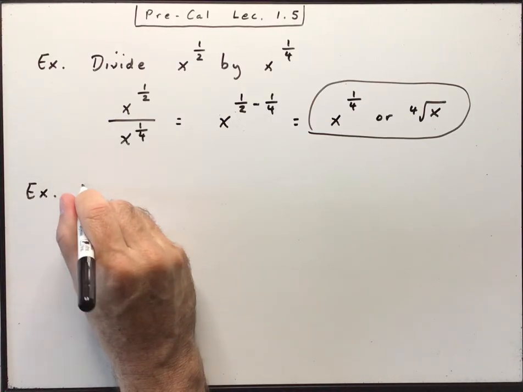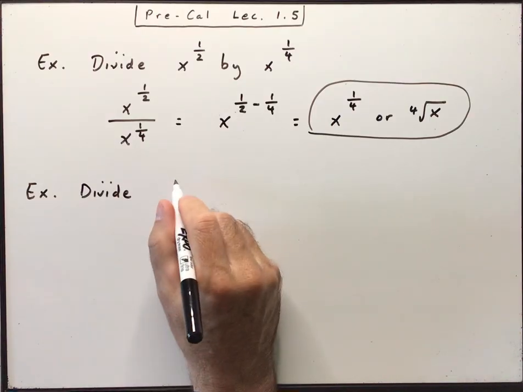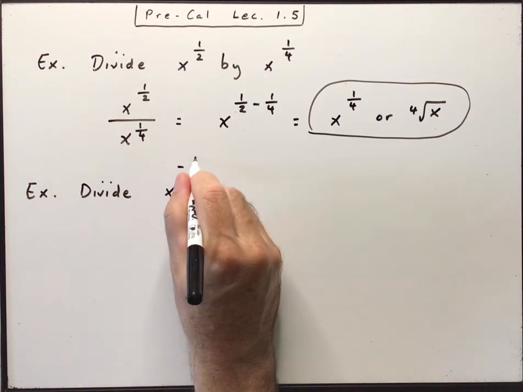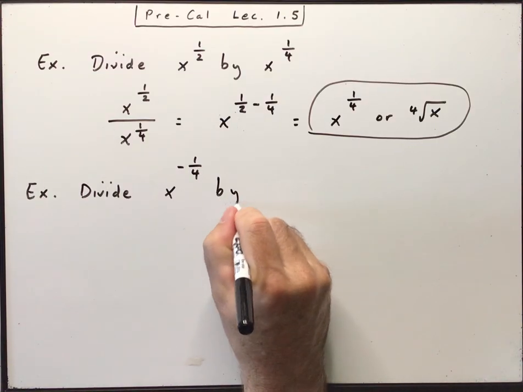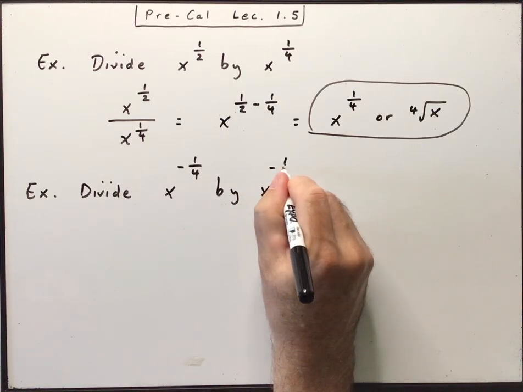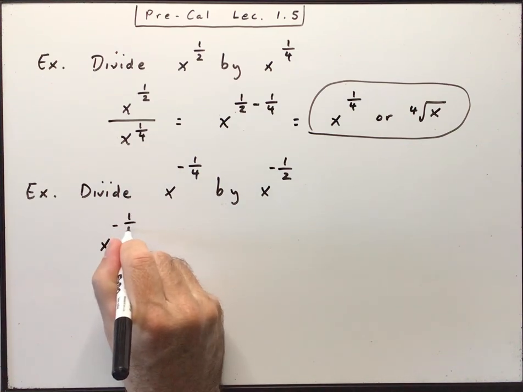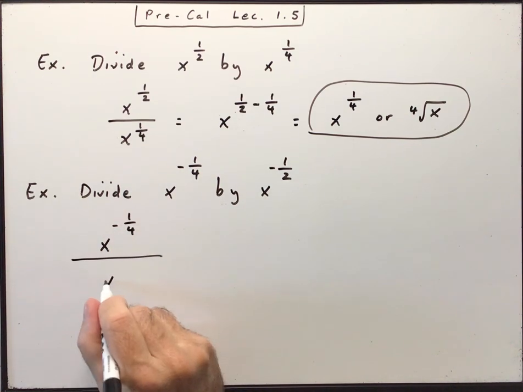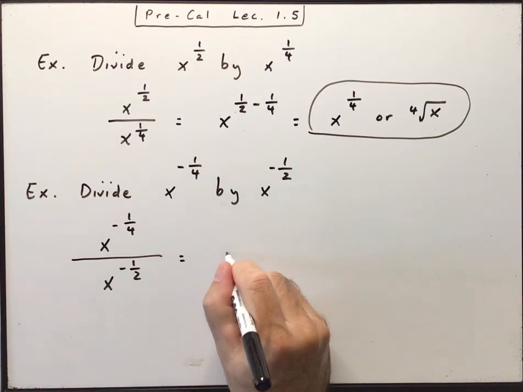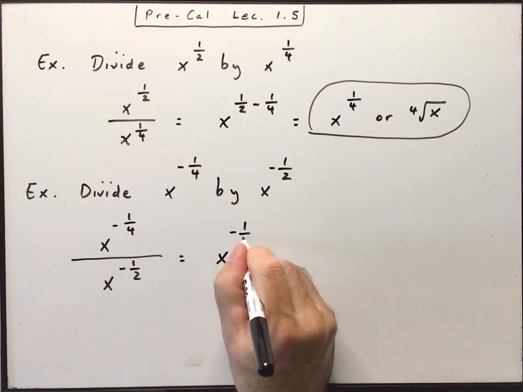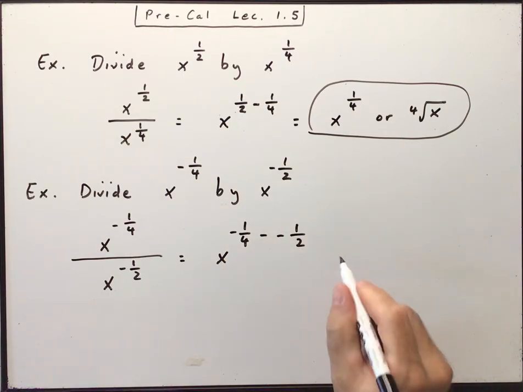And then our last example is divide x to the minus 1/4 by x to the minus 1/2. So that's x to the minus 1/4 divided by x to the minus 1/2. And again, you're just subtracting, so that's x to the minus 1/4 minus negative 1/2.